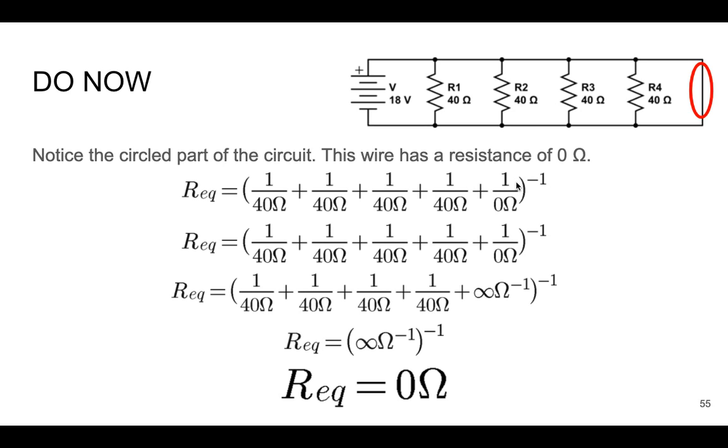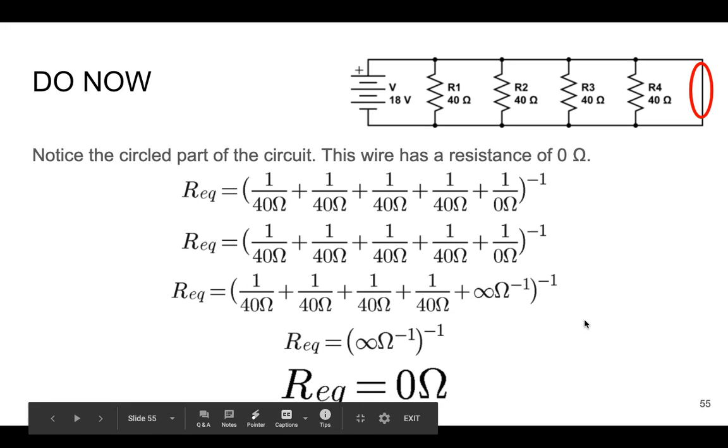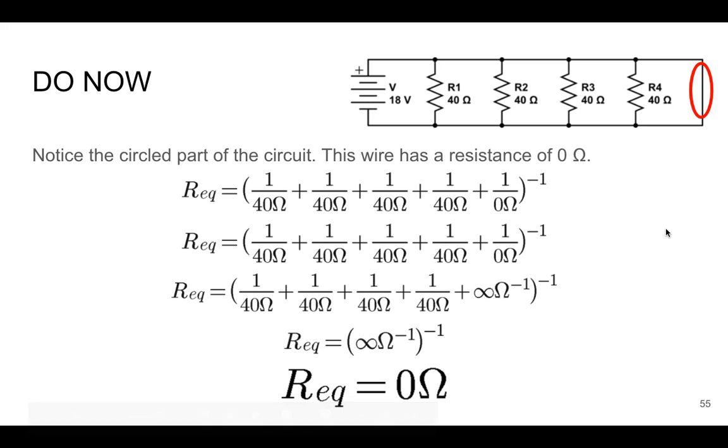A real wire has a tiny resistance, but when you're doing circuits, you often pretend that they have 0 resistance. So what does that mean? If you plug that into the formula for equivalent resistance of parallel resistors, the math works out so that the equivalent resistance of this whole thing is actually 0 ohms.